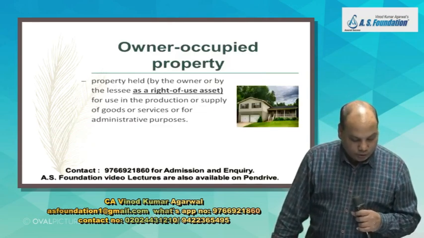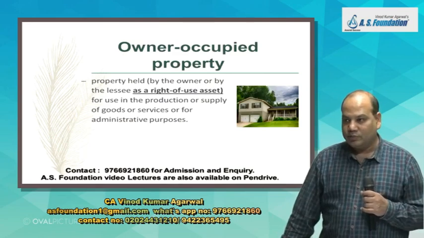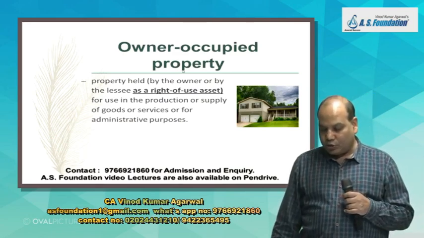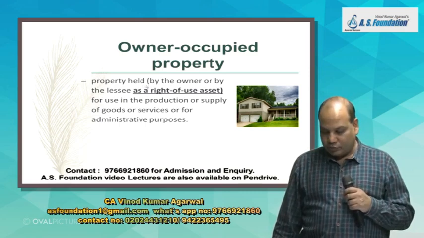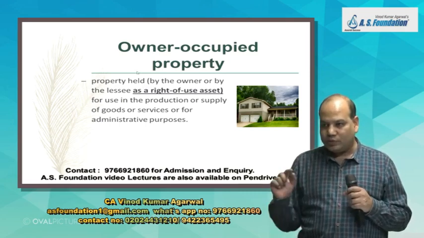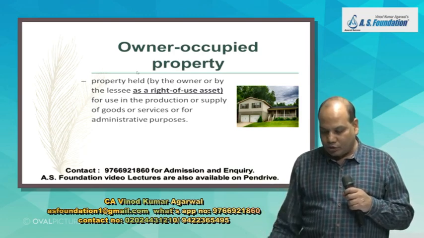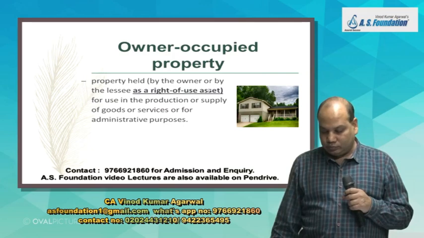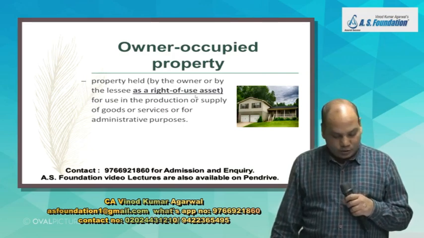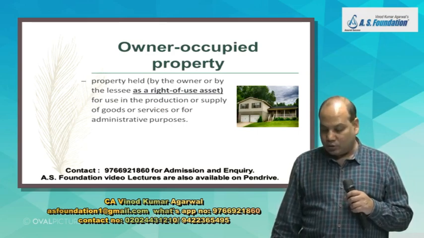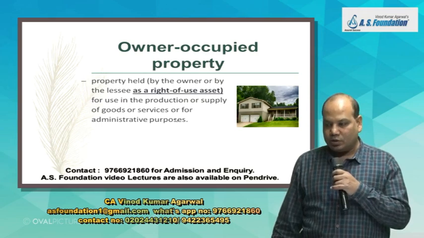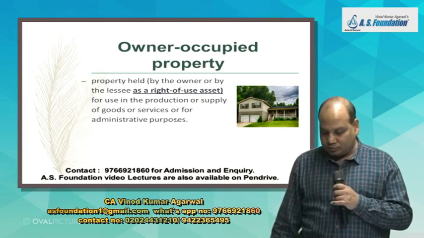This was the definition of investment property. Opposite of investment property is owner occupied property. So they have used these two terms, investment property and owner occupied property: property held by the owner or by the lessee as a right of use asset for use in the production or supply of goods or services or for administration purposes.